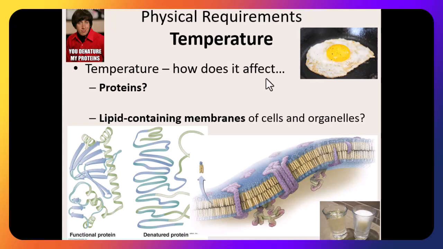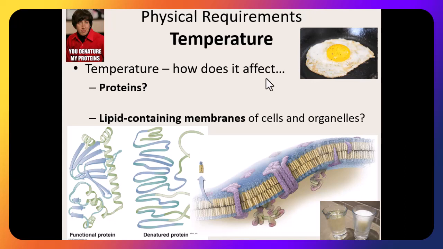But some physical requirements certain bacteria require. One of them is temperature. Different bacteria do require different temperatures, partly because of what temperature does to the bacterial cell itself. If something is too hot or even too cold, it can affect the shape of a protein.